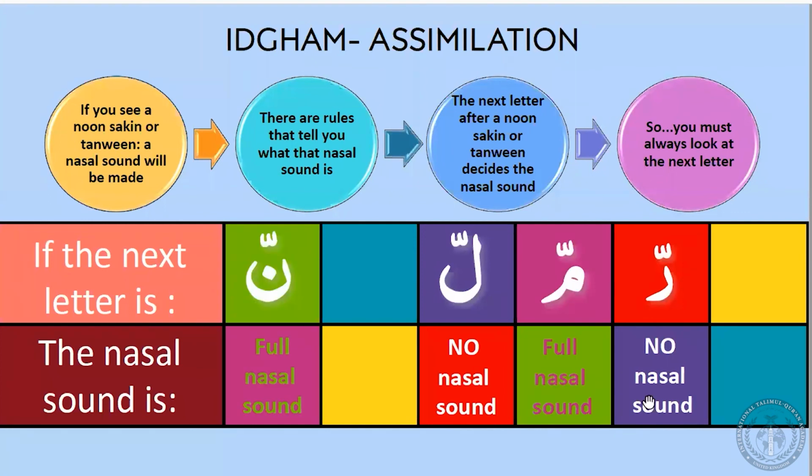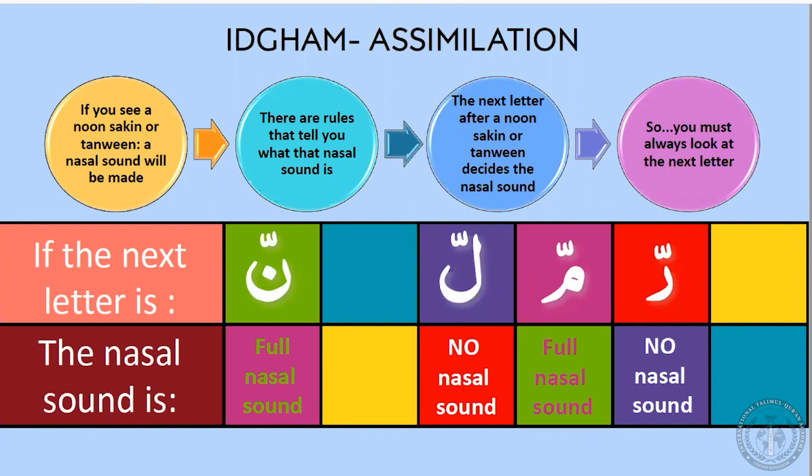And then just to remind you of the other idgham letters, if you've got a mim mushaddad and a noon mushaddad, there is a full nasal sound. A full idgham takes place, and the nasal sound that's created is a full nasal sound.